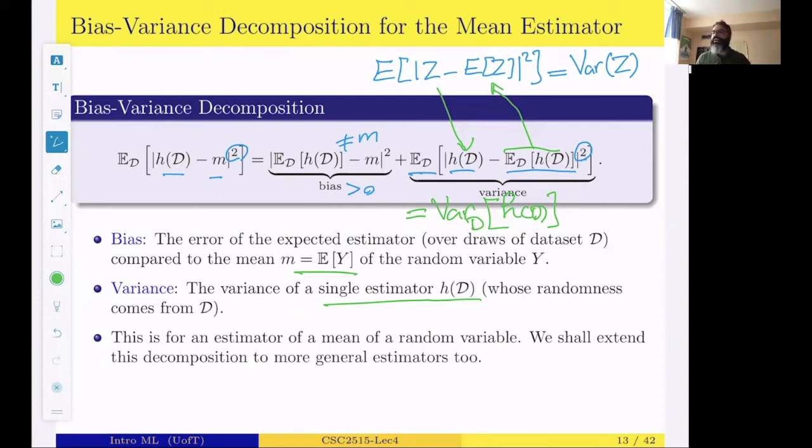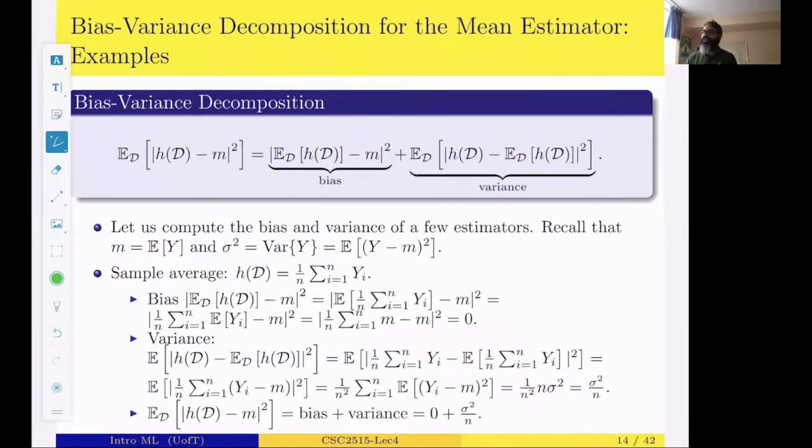So this is the bias and variance decomposition for a mean estimator. Soon I will talk about how we can extend it to more general estimators too. But let's compute the bias and variance of a few estimators that we have seen, like the sample average or the single sample estimator.